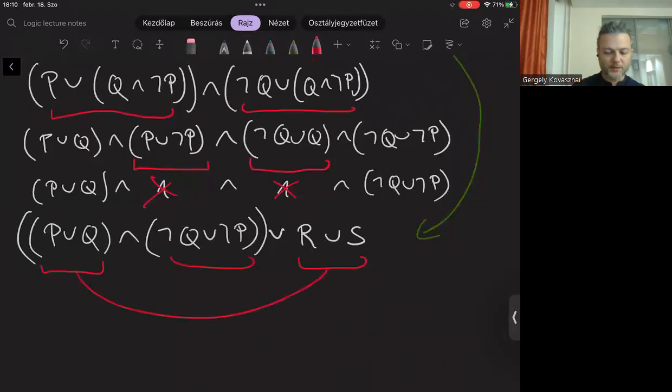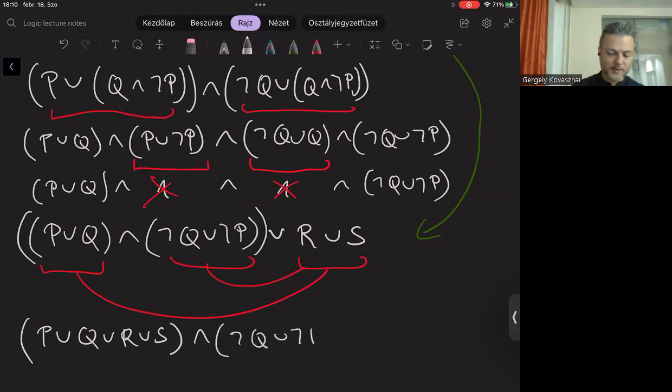So this is going to be the first pair, this is going to be the second pair. And let's see what we are going to get. P or Q or R or S, and not Q or not P or R or S. Of course, meanwhile, I removed a few unnecessary parentheses.